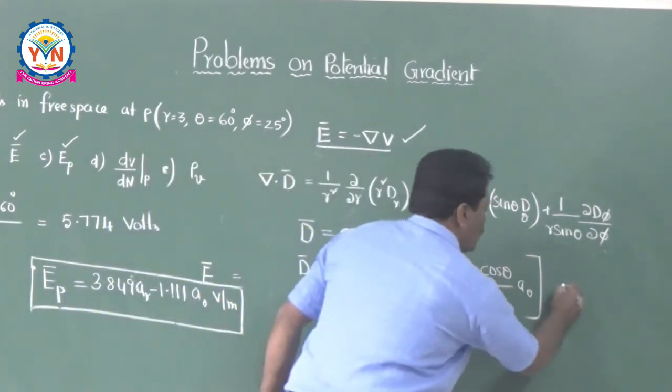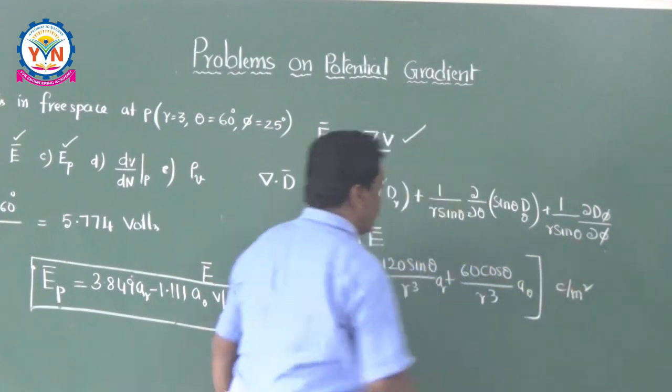This is in coulombs per meter square. This is the D bar.